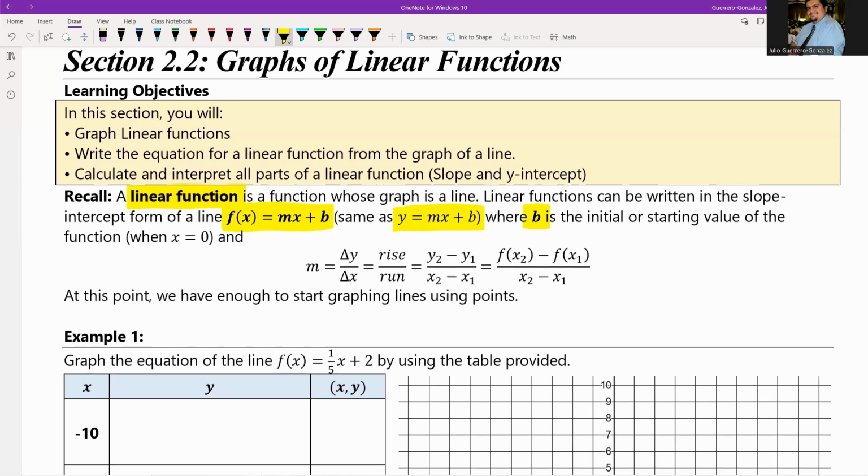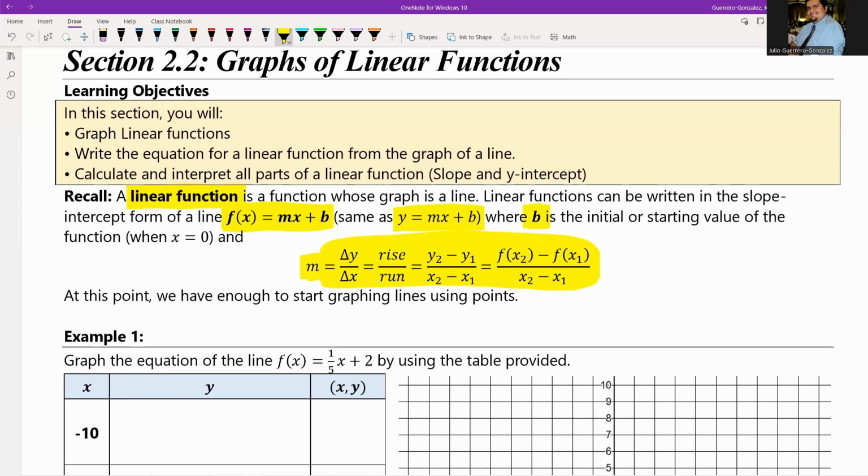And then we had a slope, m, which was given by any one of these four equations for the slope. You can use any one of these four, and it would get you the slope.